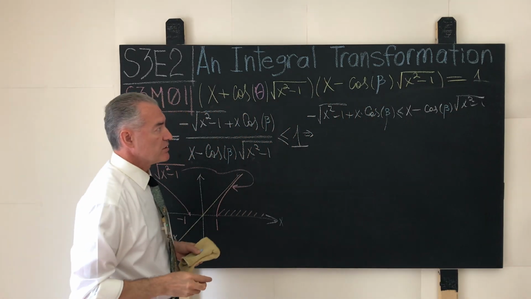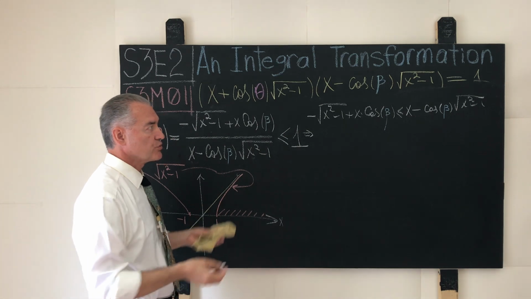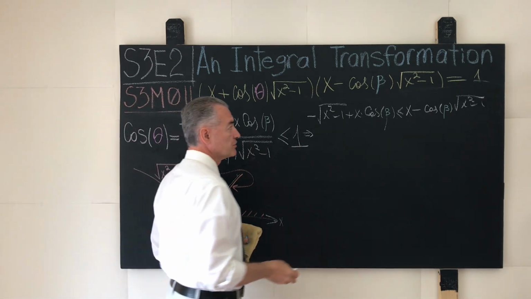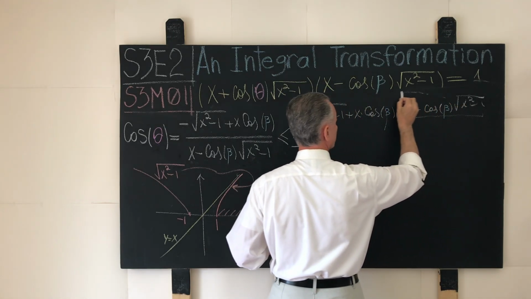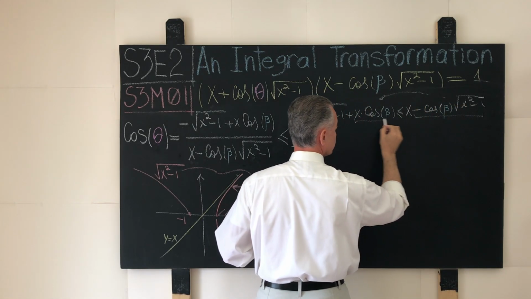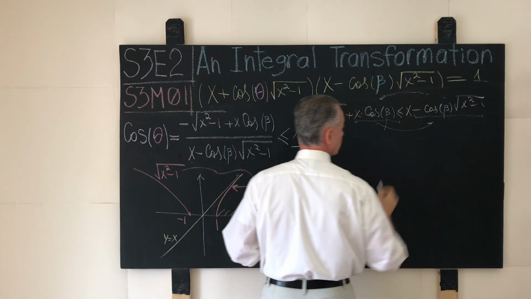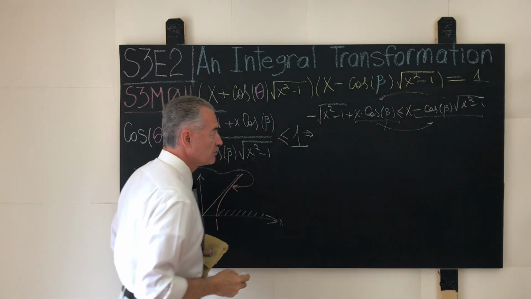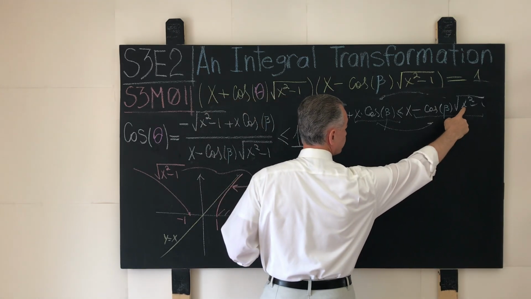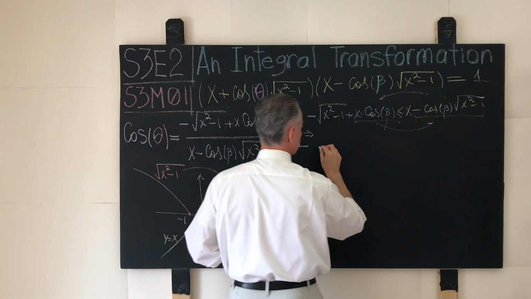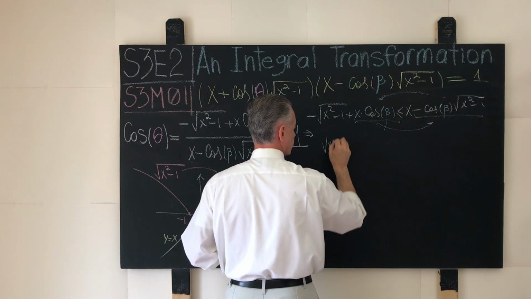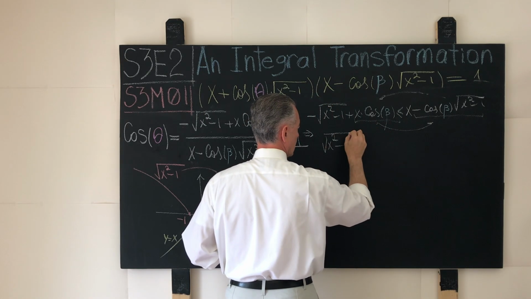And now we want to bunch up the like terms on the same side of the inequality sign. So we will move this term over here, and we will move this term over here. And in this case, what will happen? Well, one copy of square root of x squared minus 1 will go like this.